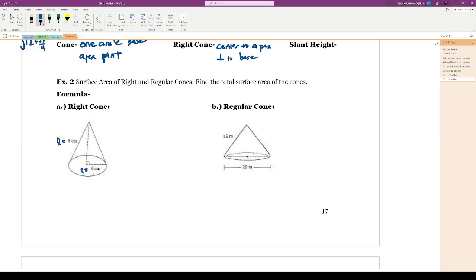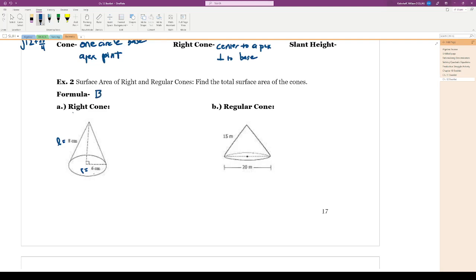And our formula is, I don't even know what I would do with a cone that was, well, a right cone is a regular cone, so that's weird that they even distinguish that here. It's very odd. Because an oblique cone would not be a right cone. So this formula for regular cones is very similar to the one above.